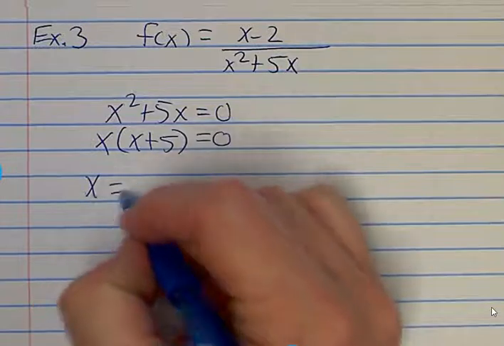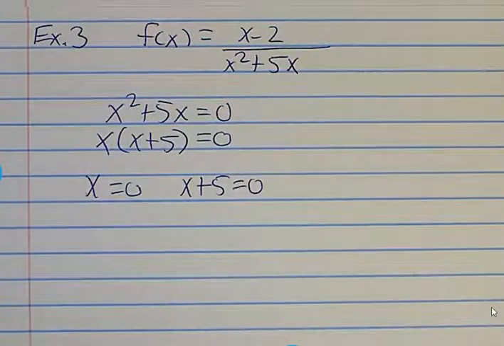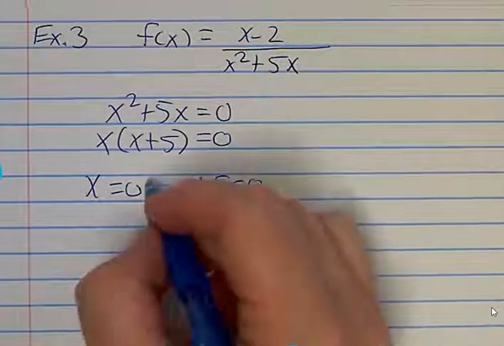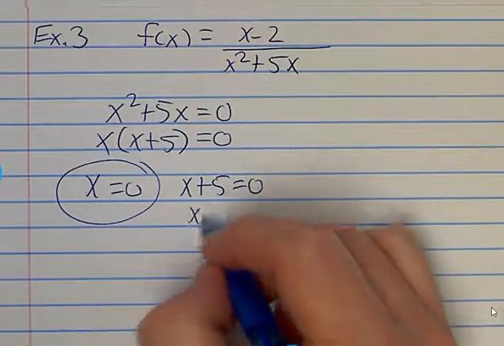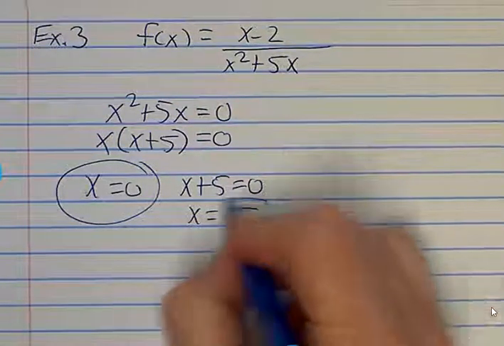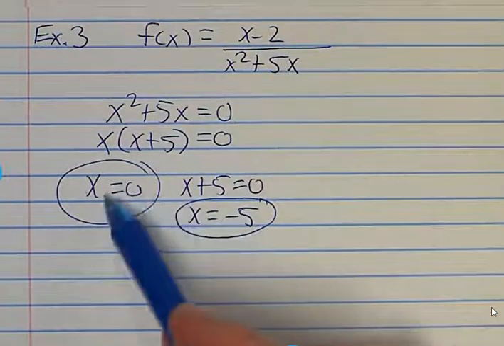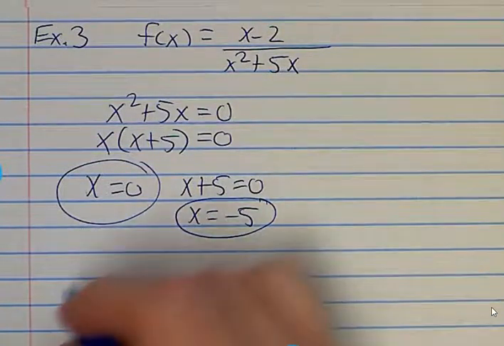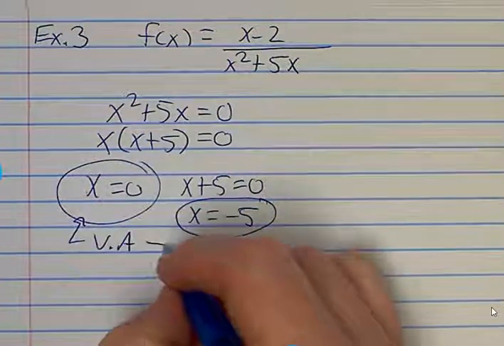So x would equal 0 and x plus 5 would equal 0. There you go. We got x equals 0. When you subtract 5 here, you also get negative 5. So in this one, because it was x squared, we now have 2 vertical asymptotes. So one here and one there.